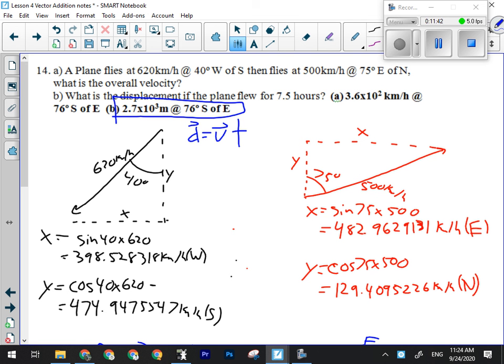Everybody with me on that one? Obviously we're giving you some tricky ones here, lots of backtracking, but that's what we have to be able to do. So no questions on 14?